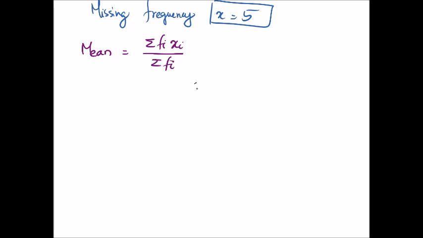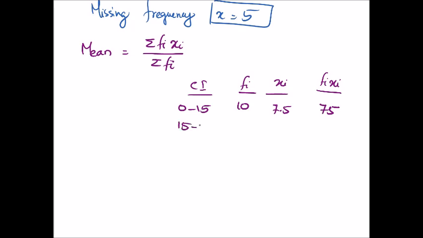Class interval 0 to 15, fi is 10, then xi is 7.5, and fi xi in this case is 75. Now 15 to 30, fi is 7, xi is 22.5 and fi xi is equal to 157.5.